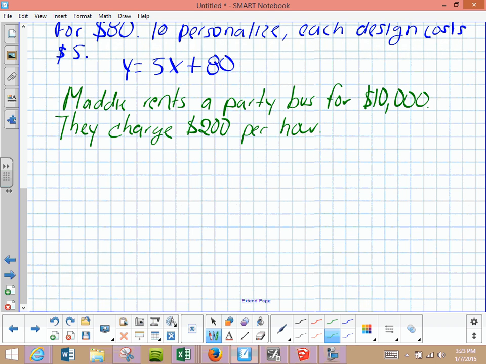What is the equation? $2,000. 10,000. There we go. It'll cost you $10,000 to get on the bus, and then it depends on how long you want to be on there. I think the 10,000 is just a deposit in case you decide to like destroy it. Yes.